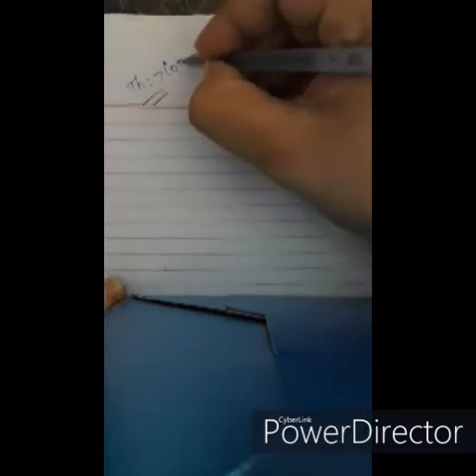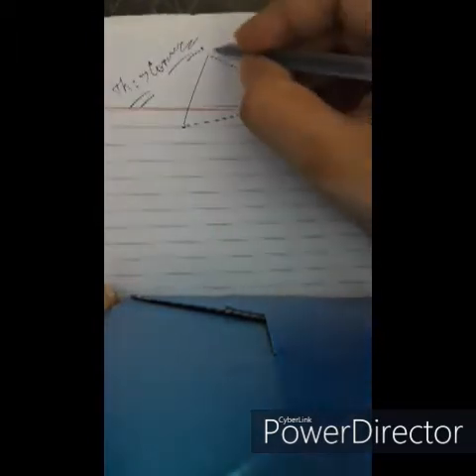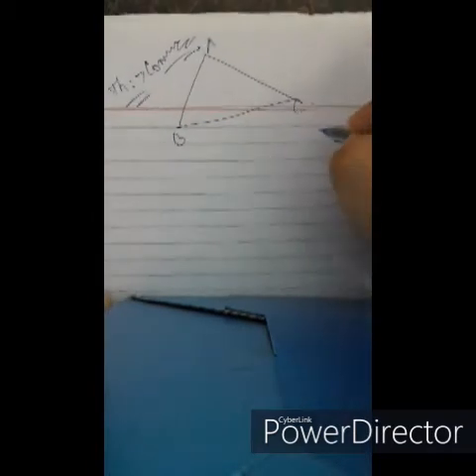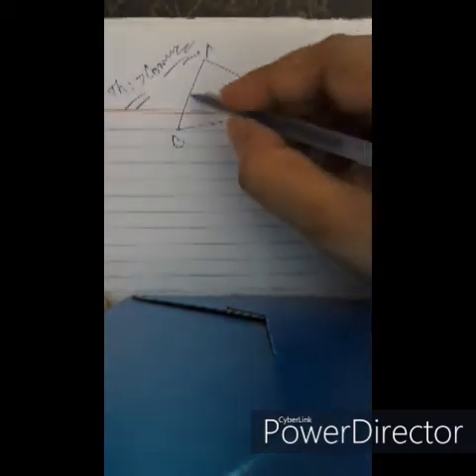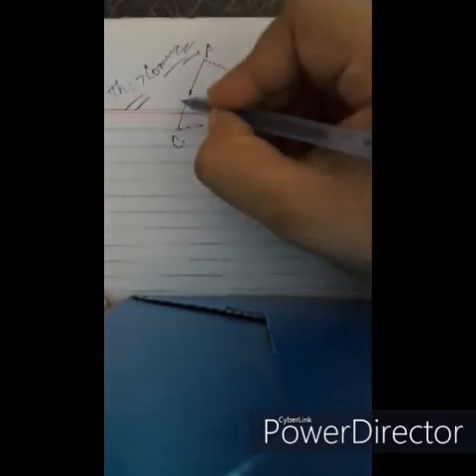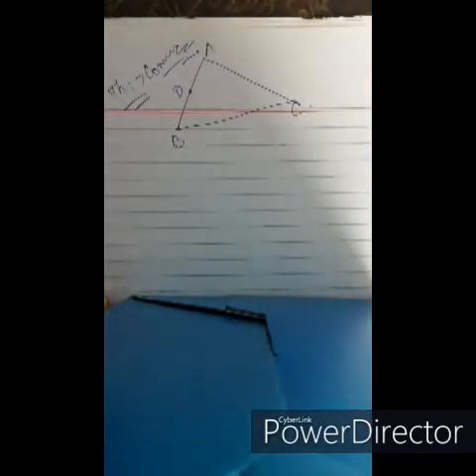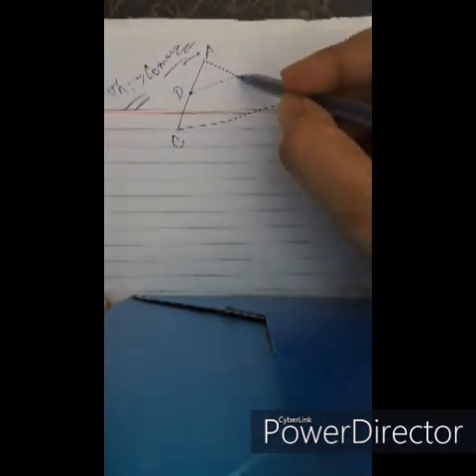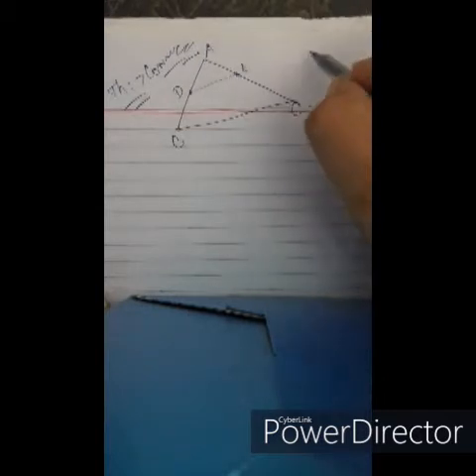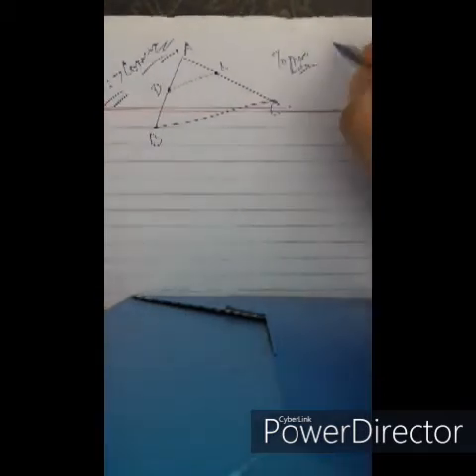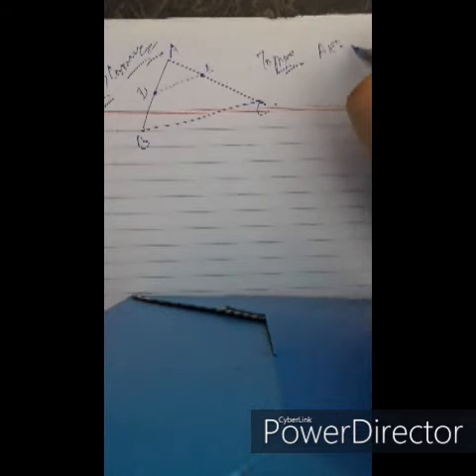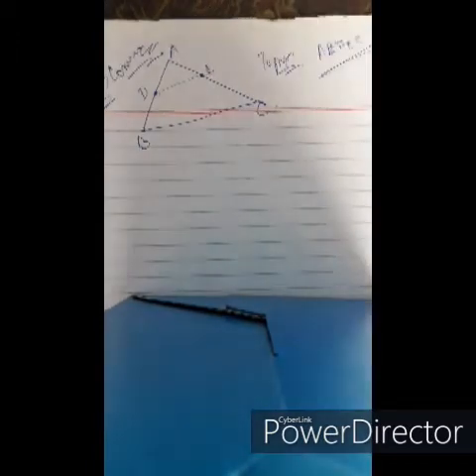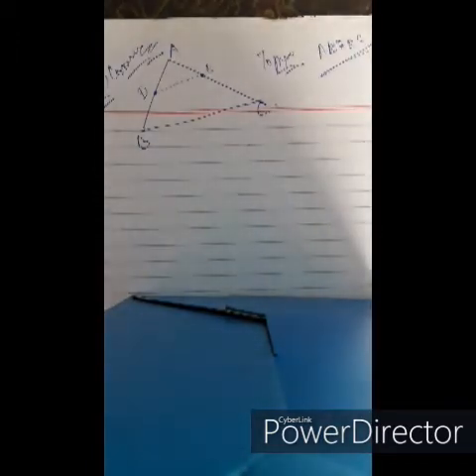We have triangle ABC, and it is given that a line is drawn from the middle point of one side of the triangle and is parallel to the third side. It is parallel to BC. It bisects the third side. We have to prove AE equals EC.